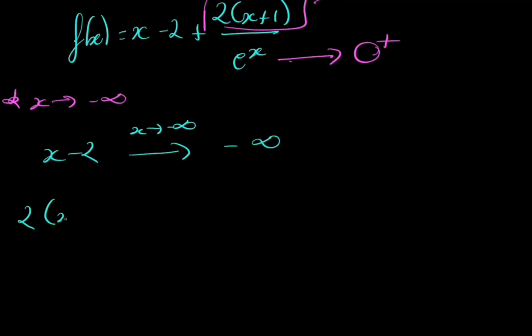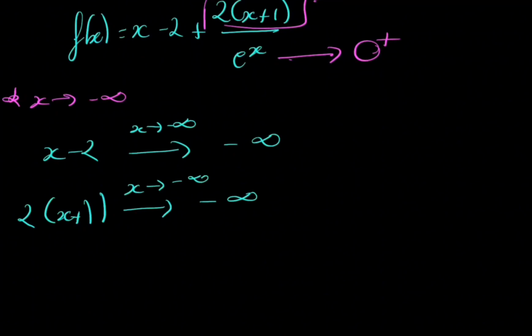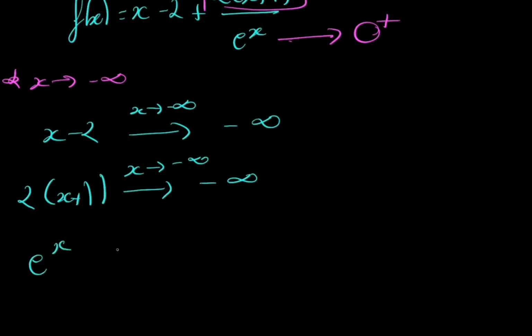This quotient here will tend to minus the infinity. So 2x plus 1 tends to minus the infinity when x tends to minus the infinity. Exponential of x will tend to 0 but from above, so a positive 0. This is important to get the sign of the quotient when x tends to minus the infinity.